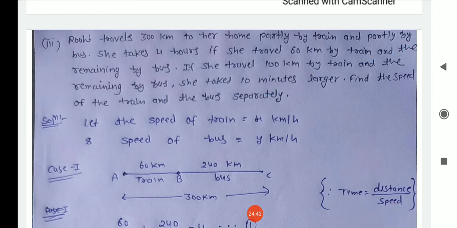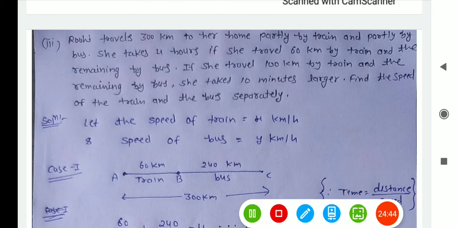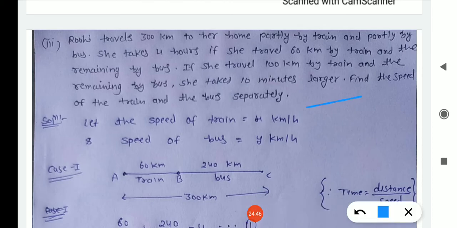Okay, so first we let the speed of train be x kilometer per hour and the speed of bus be y kilometer per hour. In case first, she takes 4 hours. If she starts from A, she travels 60 kilometers by train and the remaining 240 by bus.